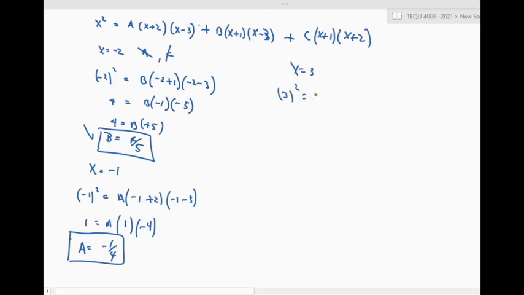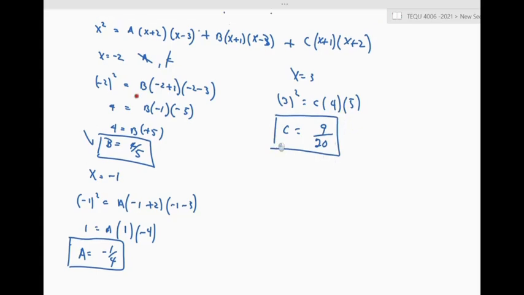So that would be C times 3 plus 1, that would be 4, times 3 plus 2, that's 5. So our result for C, 3 squared, that would be 9, equal 5 times 4, that's 20. So C equal 9/20.